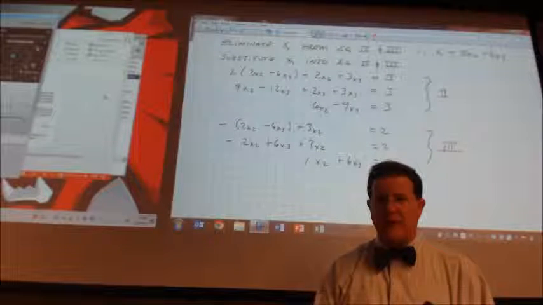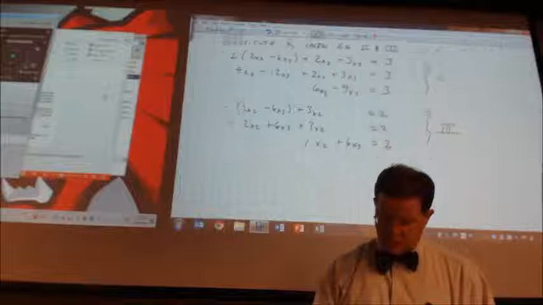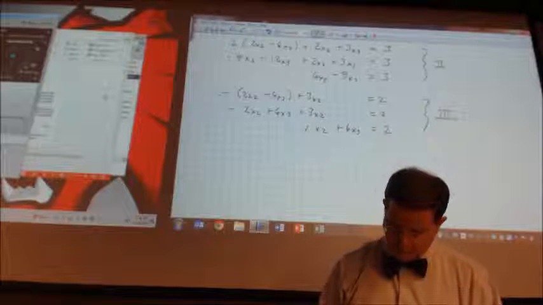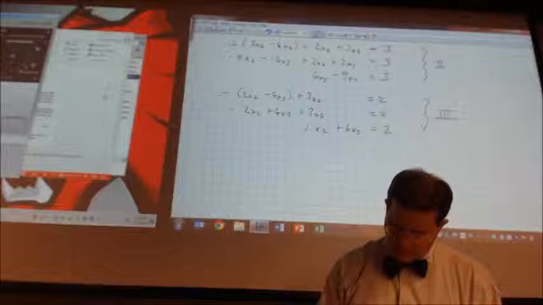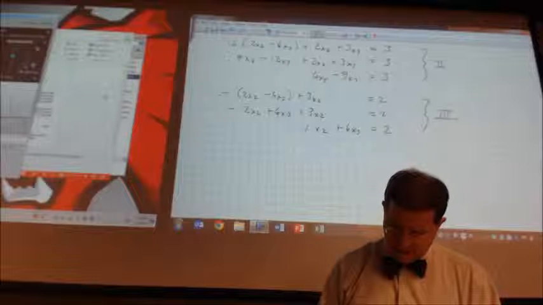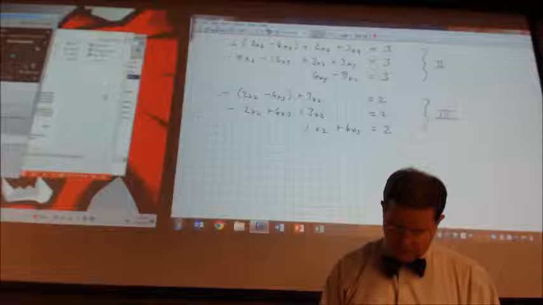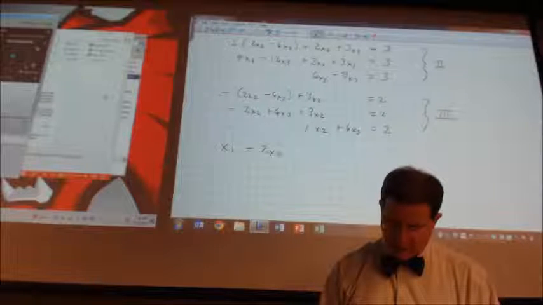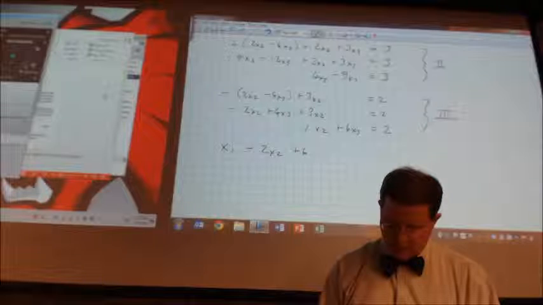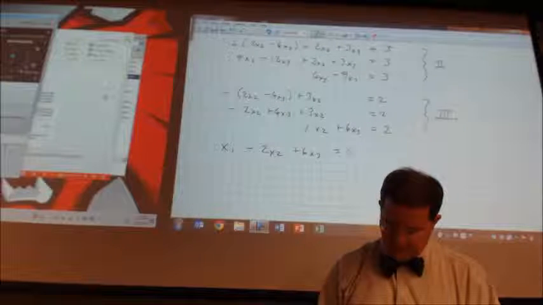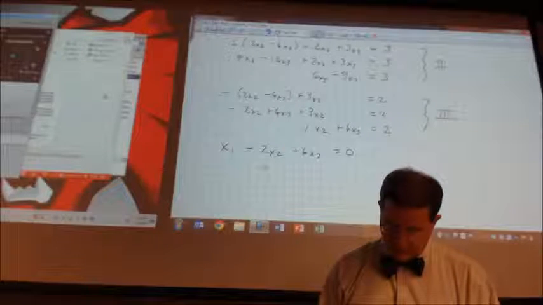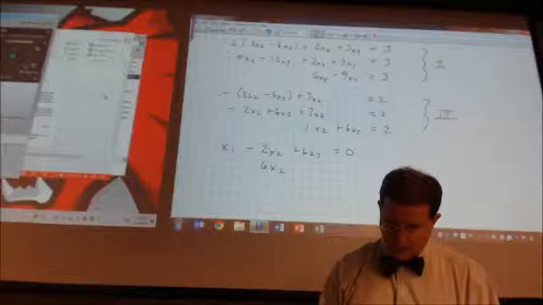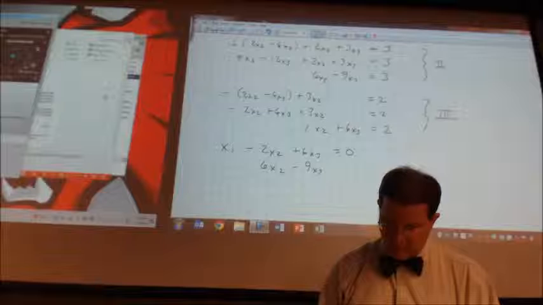Okay, that makes sense, right? So then if I rewrite what we have, our new series of equations is going to be x1 minus 2x2, 6x3 equals 0. And x3.